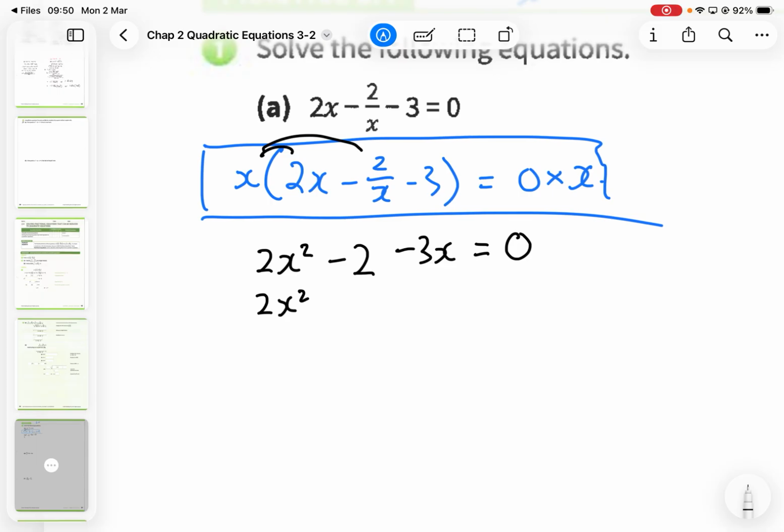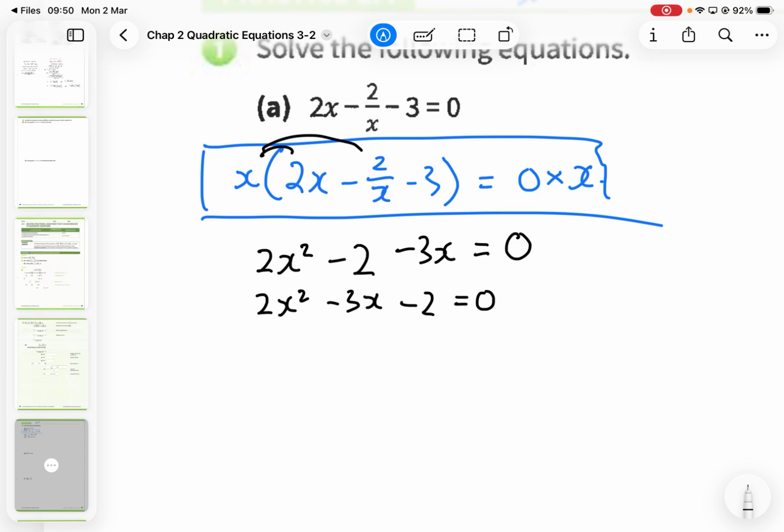It becomes 2x squared minus 3x minus 2 equals 0. Then you can see that this first equation may not look like a quadratic straight away, but after I multiply by x and remove the denominator, it can actually be arranged to become a quadratic equation.